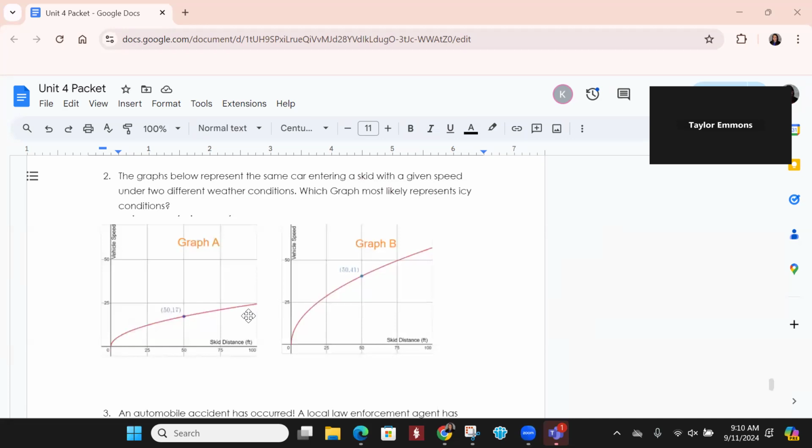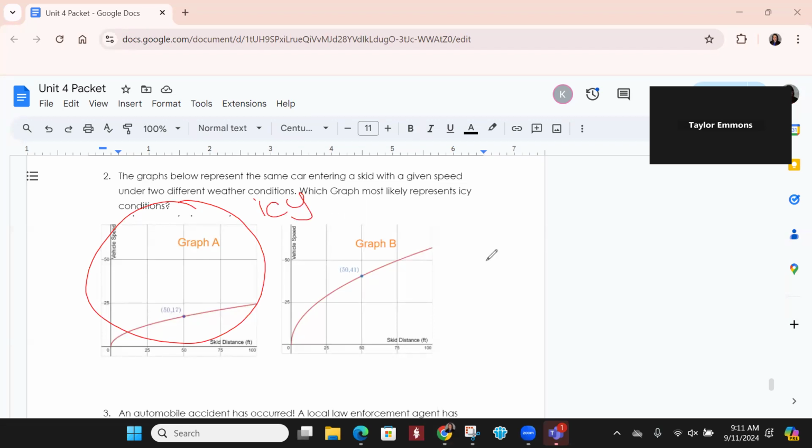If you're on an icy road and you're driving just 15 miles per hour, even if you stop, doesn't your car continue on and slide a little bit more? Think about dry conditions. If you're driving your car and you try to stop, you're going to stop a little bit quicker, right? So graph A is going to represent icy conditions.